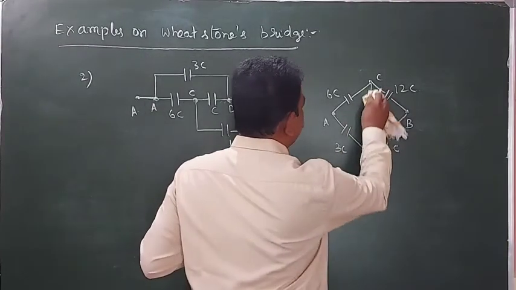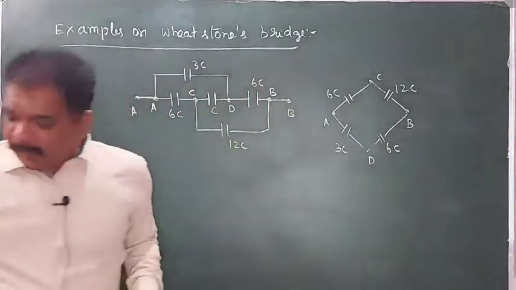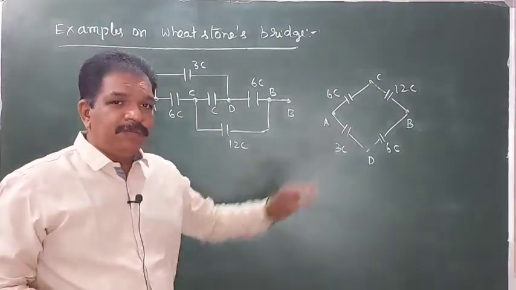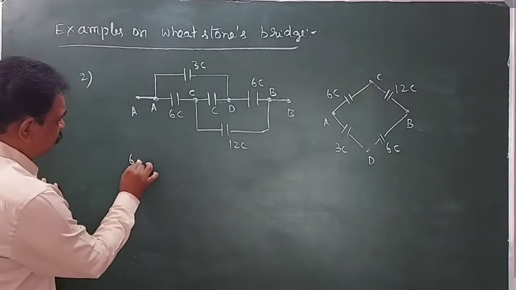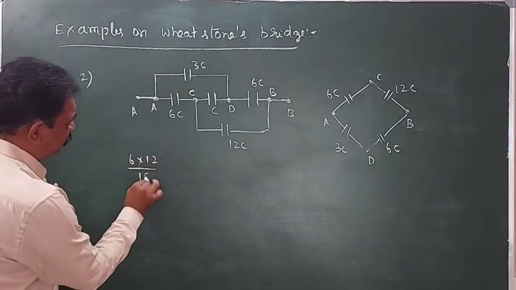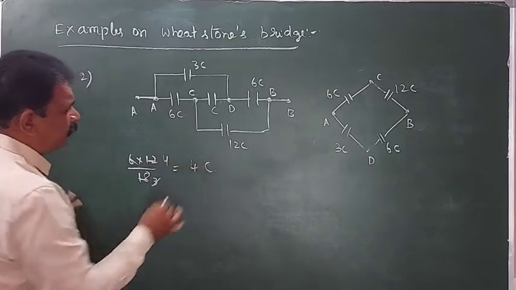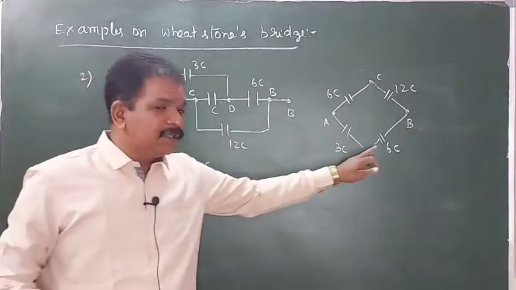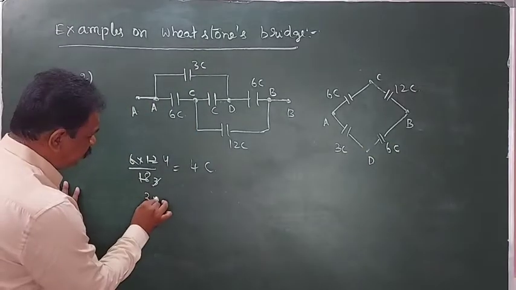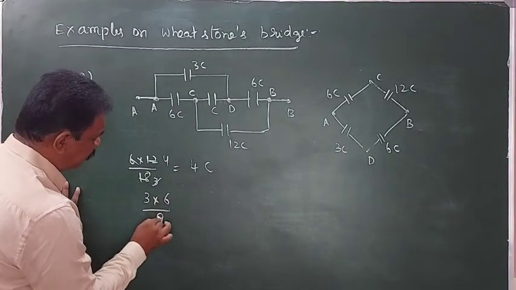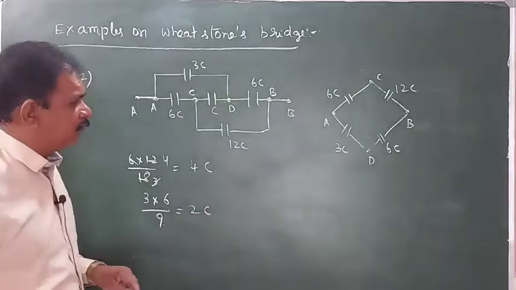Then 6C, 12C will be in series. Effective will be 6 into 12 by 18, that will be 4C. 3C, 6C will be in series. So effective 3 into 6 by 3 plus 6, 18 by 9 means 2C.